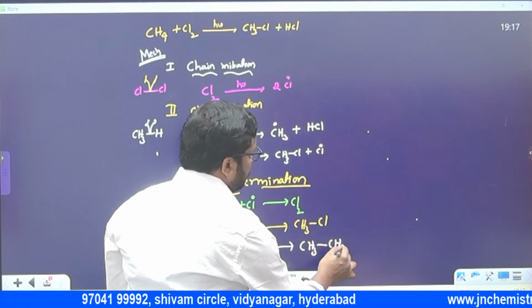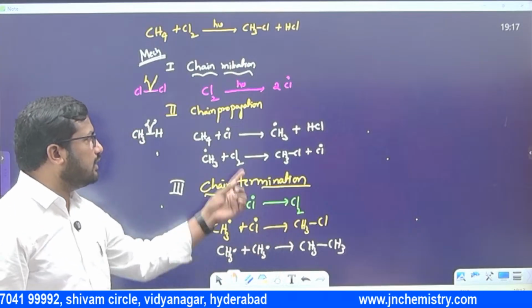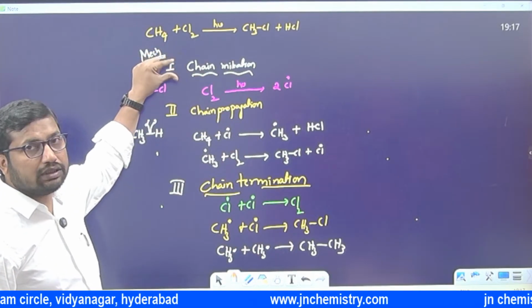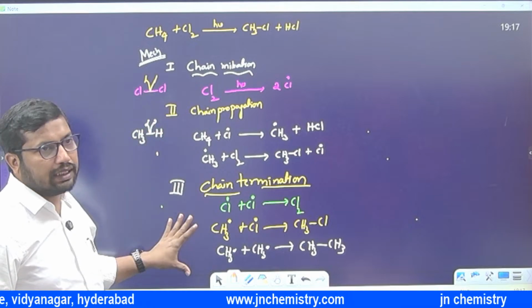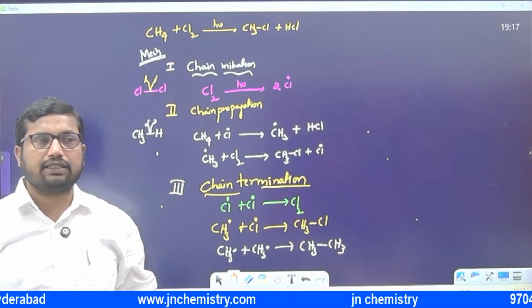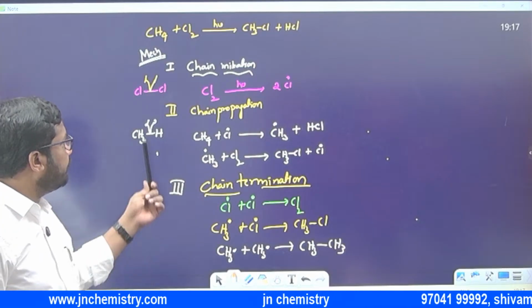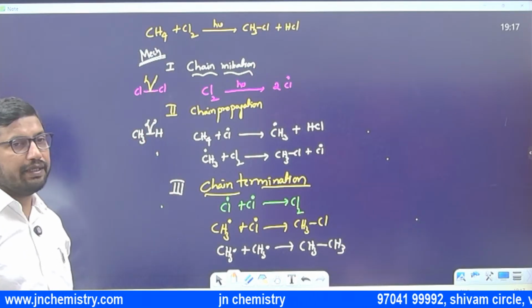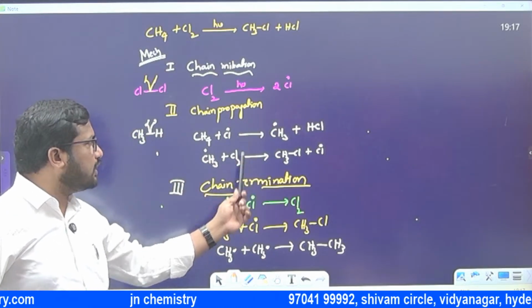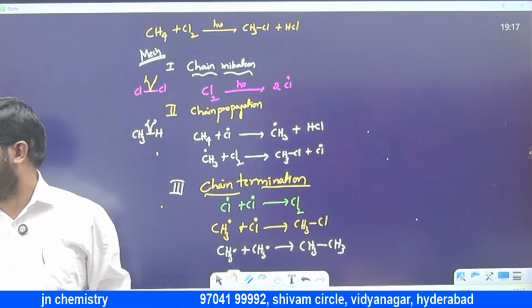These are forming in trace amounts, but we won't consider them. So the major step is chain propagation. Chain initiation, chain propagation, chain termination. This is very important, just write it down. It comes in the alkanes topic in 11th class. More important is chain propagation. They keep on asking questions from chain propagation. Write it down.